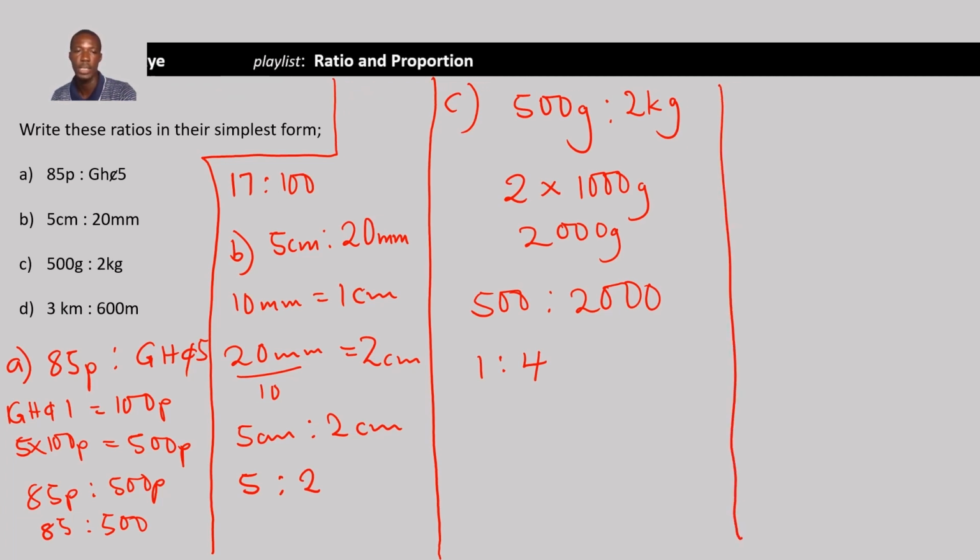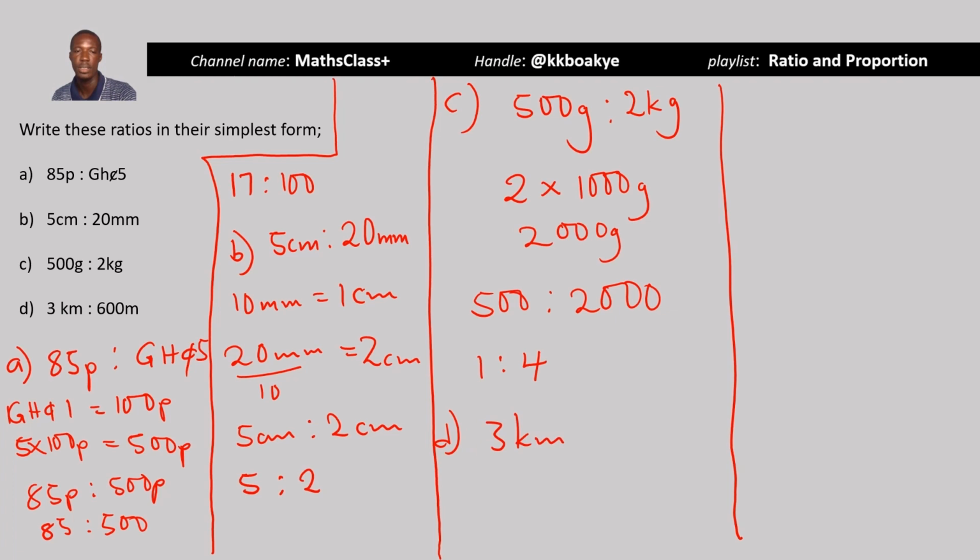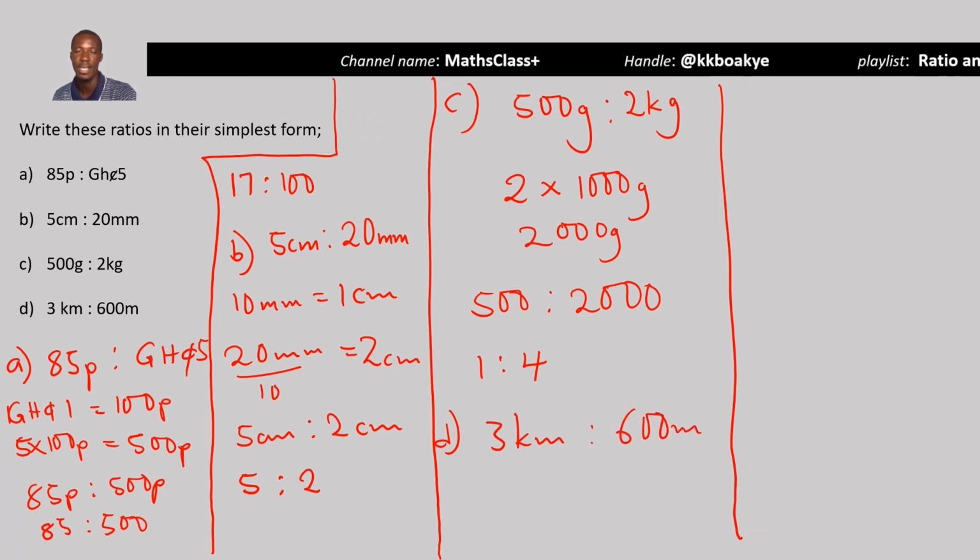The next one, we have 3 kilometers. That is example D. 3 kilometers is to 600 meters. Please, let's go back to the K. Don't forget. So km means 1000 m. So 1000 meters here.